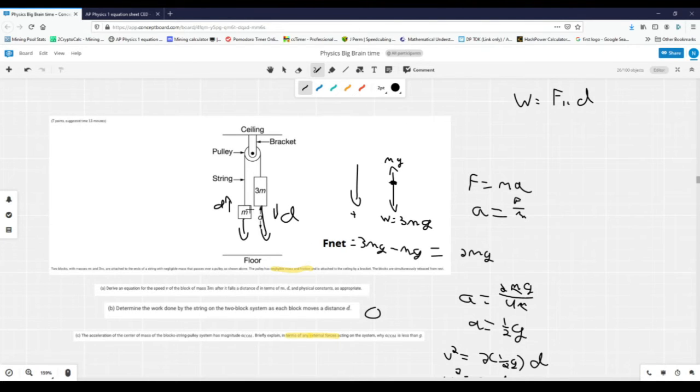The force of gravity on both objects is going downward. And the 3M block is moving downward, whereas the M block is moving upward, right? Yeah. So the work done by gravity on the 3M block is positive, and the work done on the M block is negative. So the total work done on the system is less than if there was only one gravitational force acting on either block.